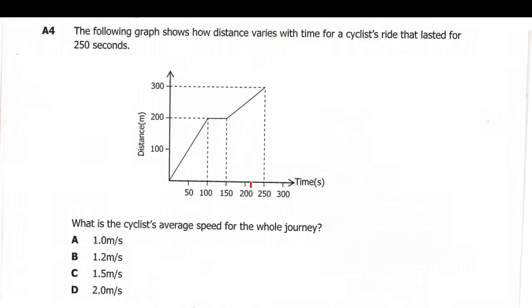So the total time the cyclist consumed in his journey when he was moving was 200. The total distance covered is 300. So we get 300 divided by 200, which gives us 1.5 meters per second as our answer.